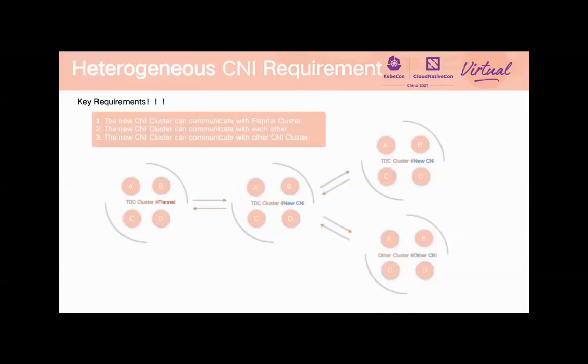Point two, the new CNI also needs to accomplish cross-cluster communication like Flannel did. Point three, a big data application may be deployed on other cloud platforms. We don't know what their CNI is, so we also need our CNI to be compatible with other CNIs.